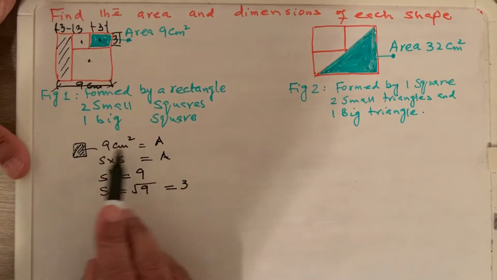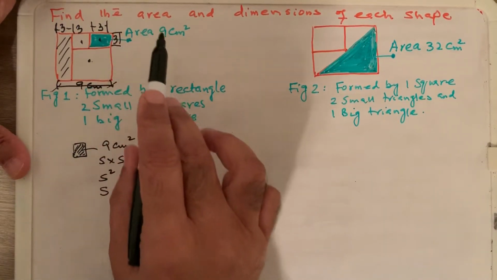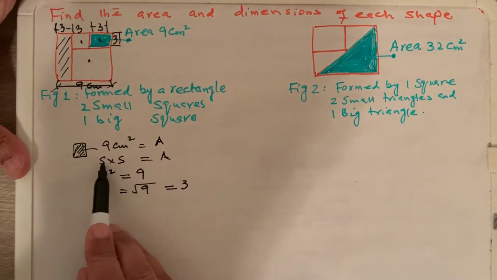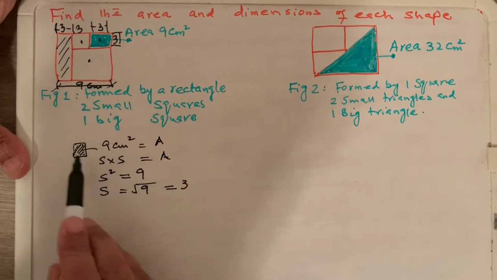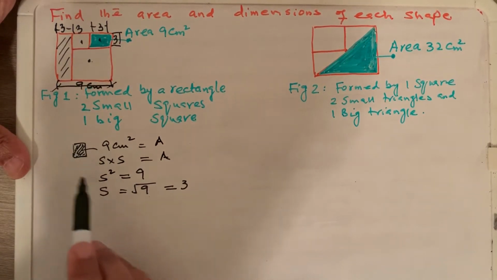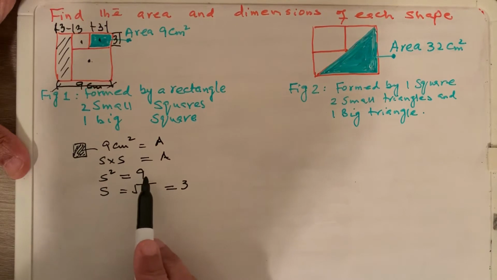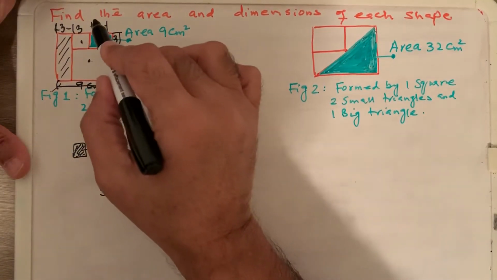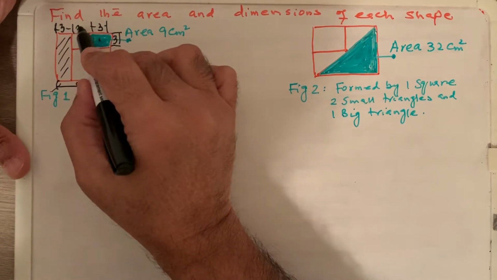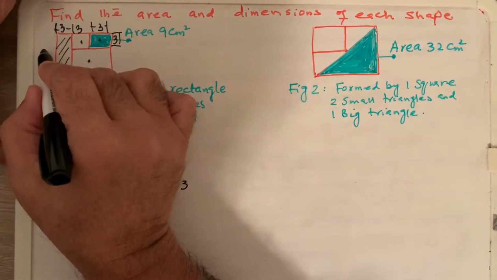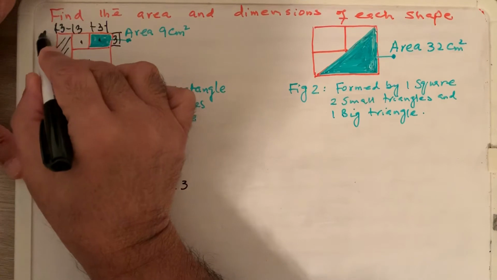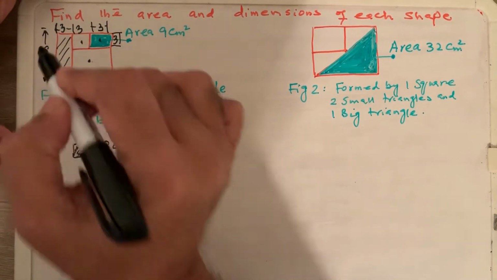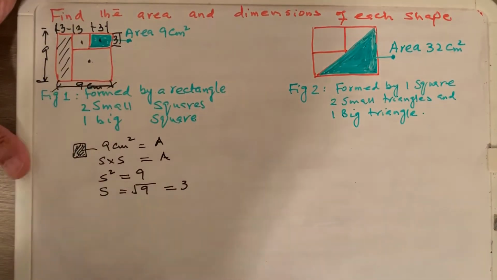So the area of the small square is 9 cm square. Area is equal to side into side of any square, right? This is my small square, so s square is equal to 9, and s is equal to 3. So this side 3 tells me that this is 3 plus 3 plus 3, so the whole side is 9. This square has every side as 9, so this is also 9.